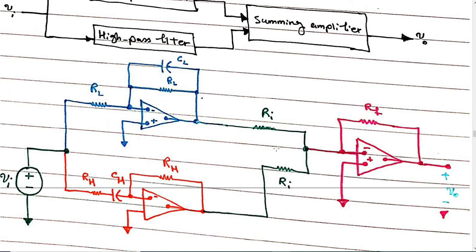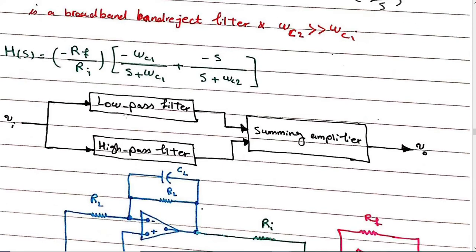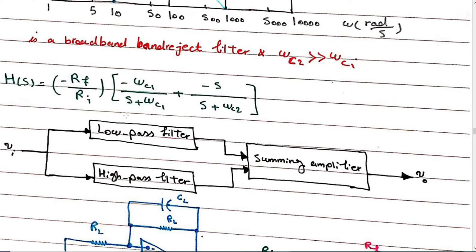That's why the transfer function for this circuit is minus RF over RI multiplied by minus omega C1 over S plus omega C1, plus minus S over S plus omega C2. This is the transfer function for this circuit.